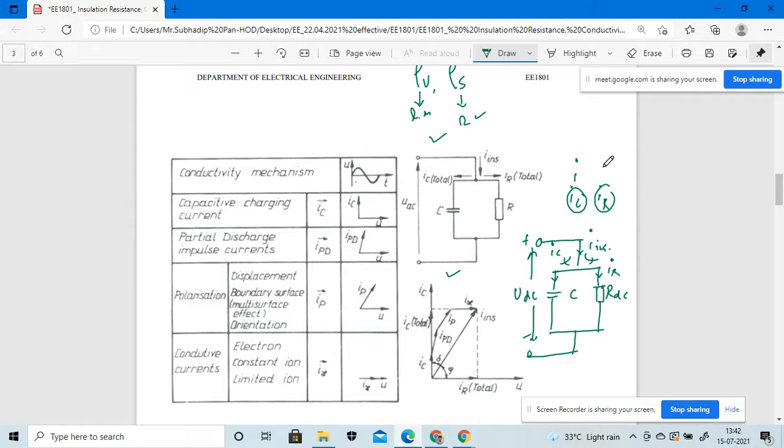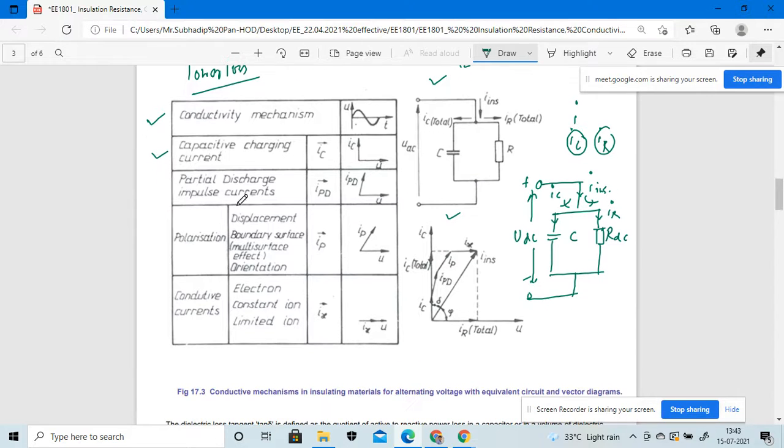All those parameters will be taken into consideration for the power losses. For considering the power loss, we have to consider the conductivity mechanism and the capacitor charging current. Whenever current flows across the capacitor, what will be my vector representation for IC? Then the partial discharge impulse current, which will be my I of PD.